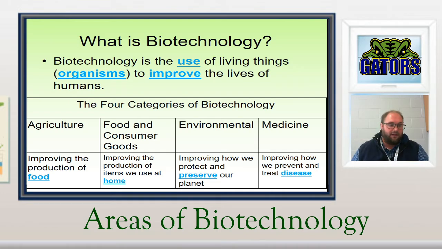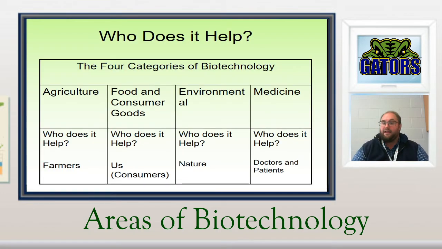Okay, so here's what I want you to think about. What I'm going to ask you over the next couple of days is to really look at different examples of biotechnology that I'm going to give you. And you're going to ask yourself a question when presented with some of these examples of biotech.